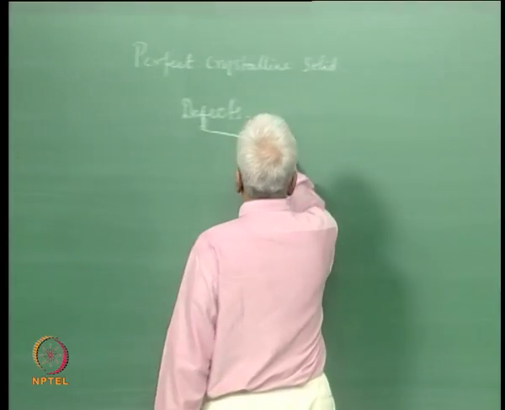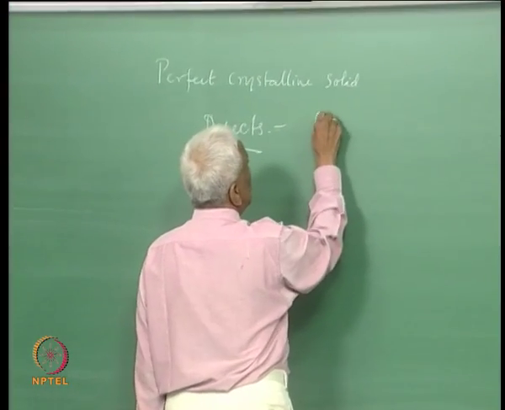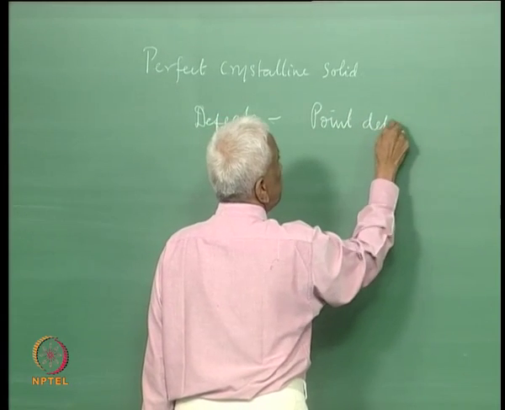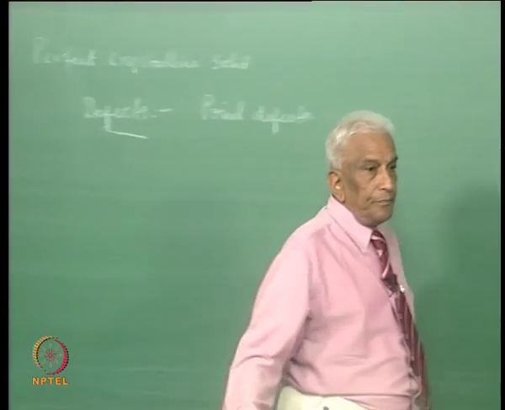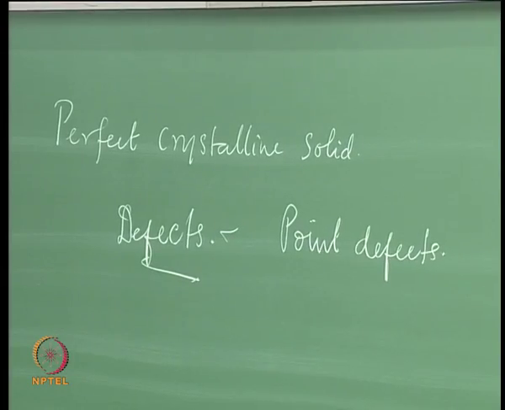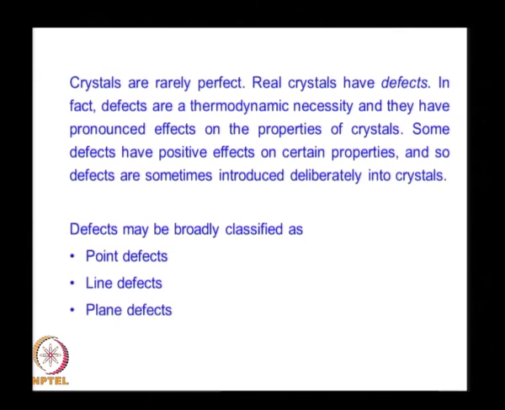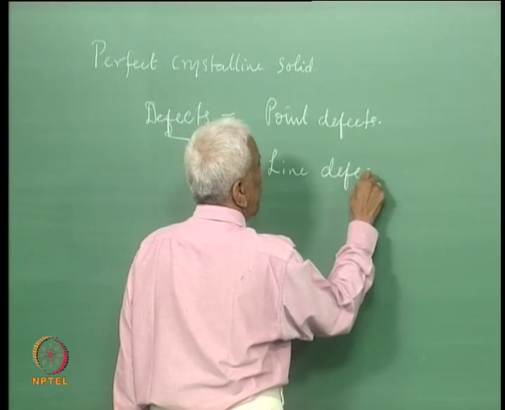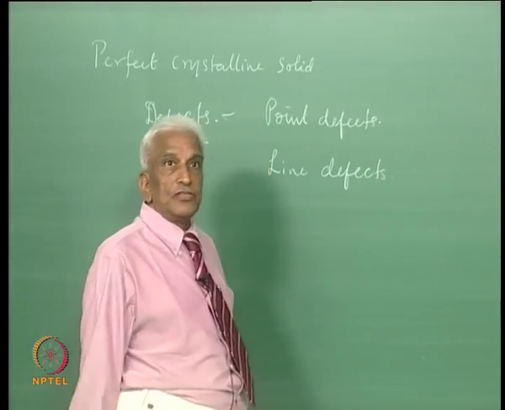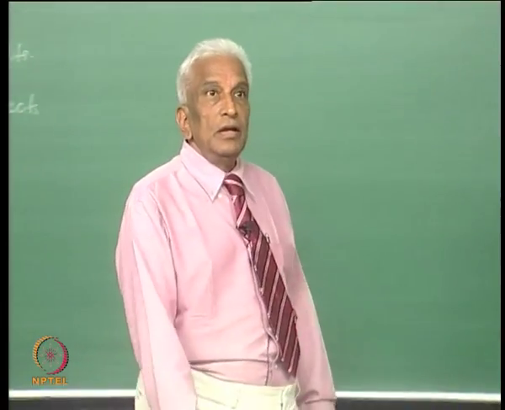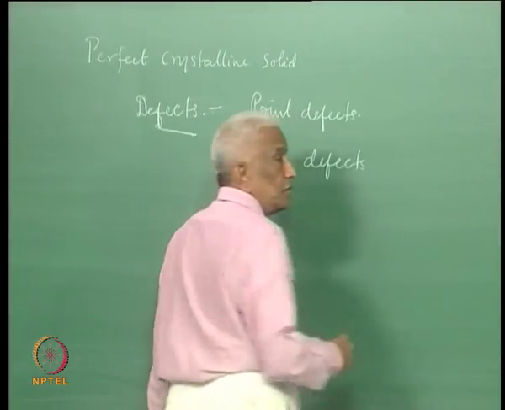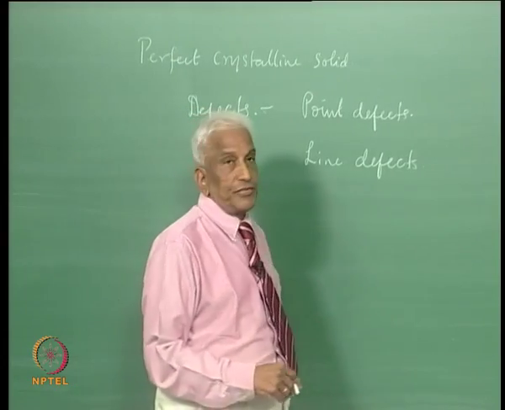Now, these defects are of different kinds. There can be what are known as point defects. We will consider the point defects today, but there are other defects also, such as line defects. This we already saw in lecture 1 in the name of topological defects and called them dislocations.